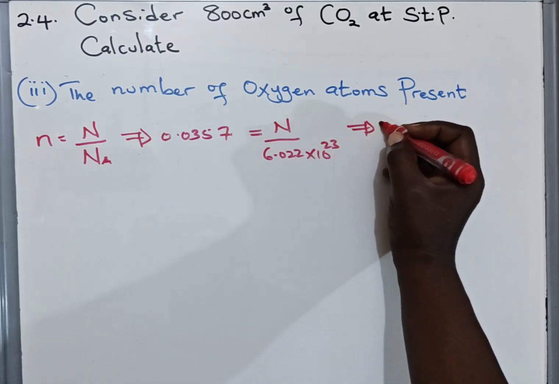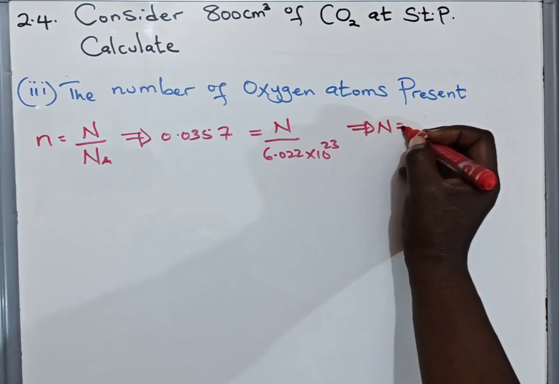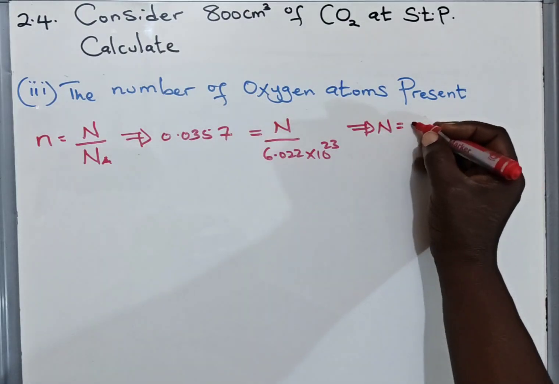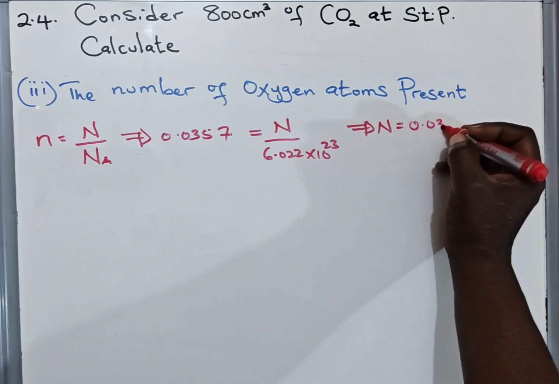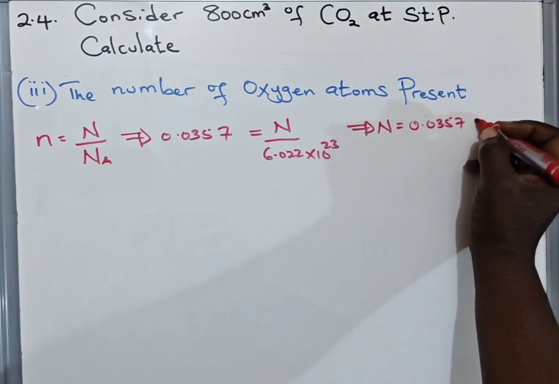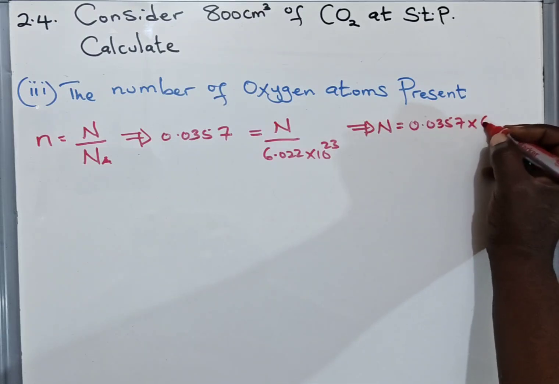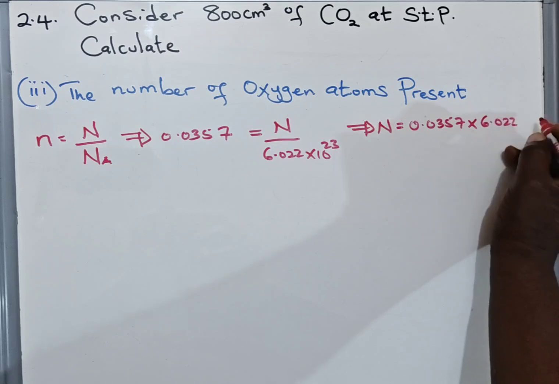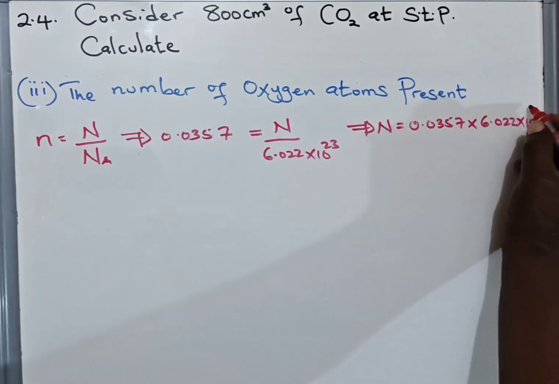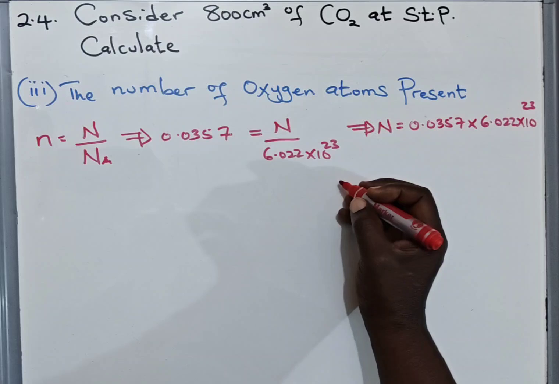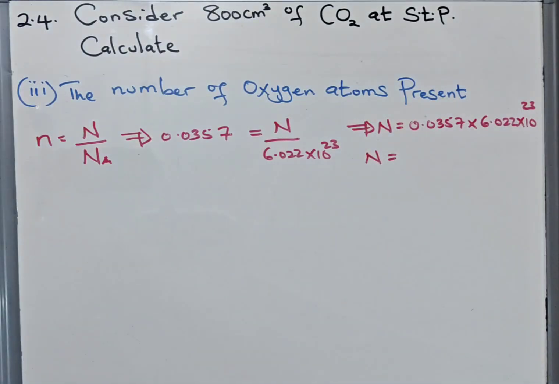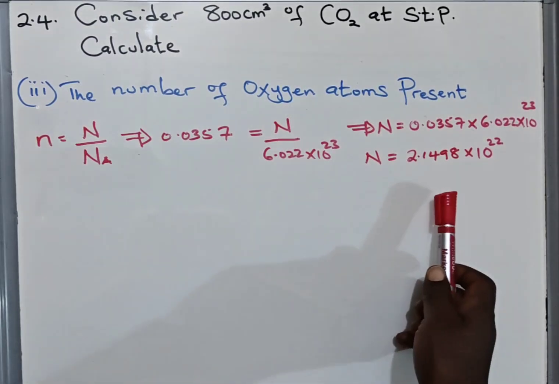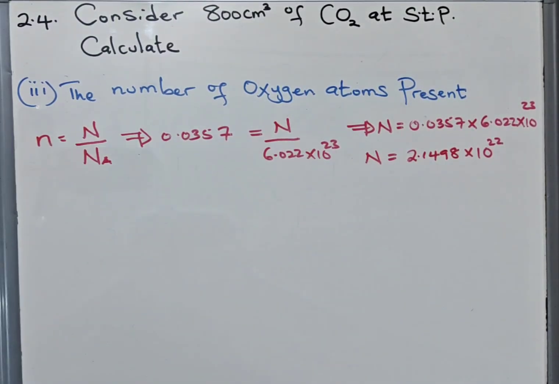When you cross multiply, you're going to get our N, which is going to be equal to 0.0357 times 6.022 times 10 power 23. In this case, you are going to get your N as, so this is what we have.